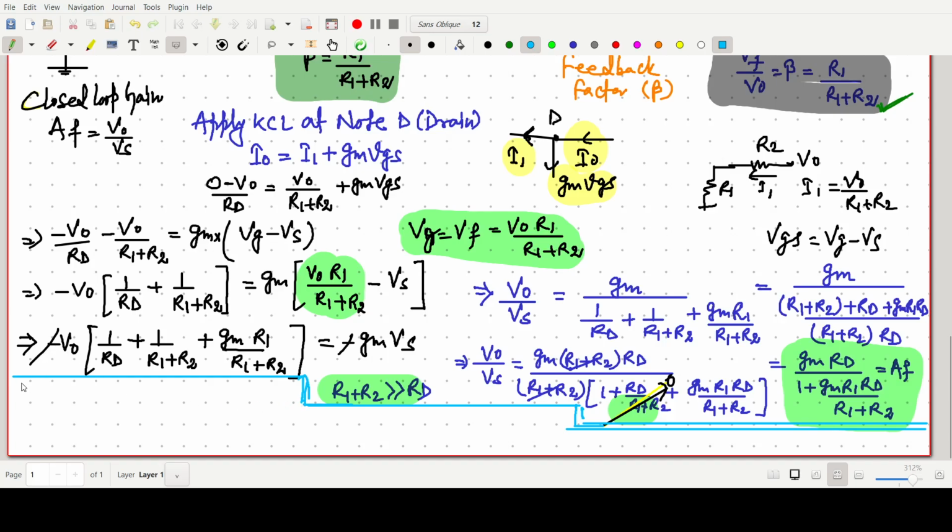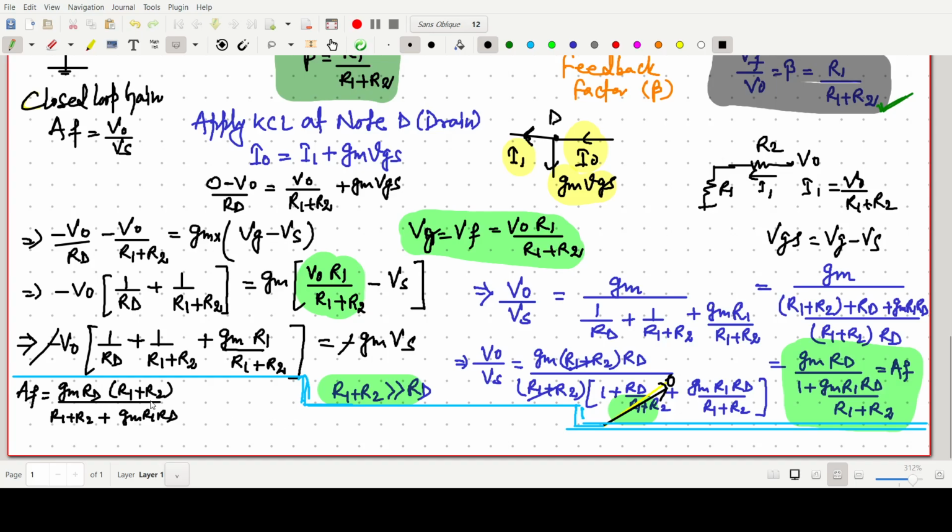Okay, means also that AF we have calculated here. AF already calculated. Now this AF is there. Okay, so we can write the Gm Rd into R1 plus R2, okay, and R1 plus R2 plus Gm R1 Rd.